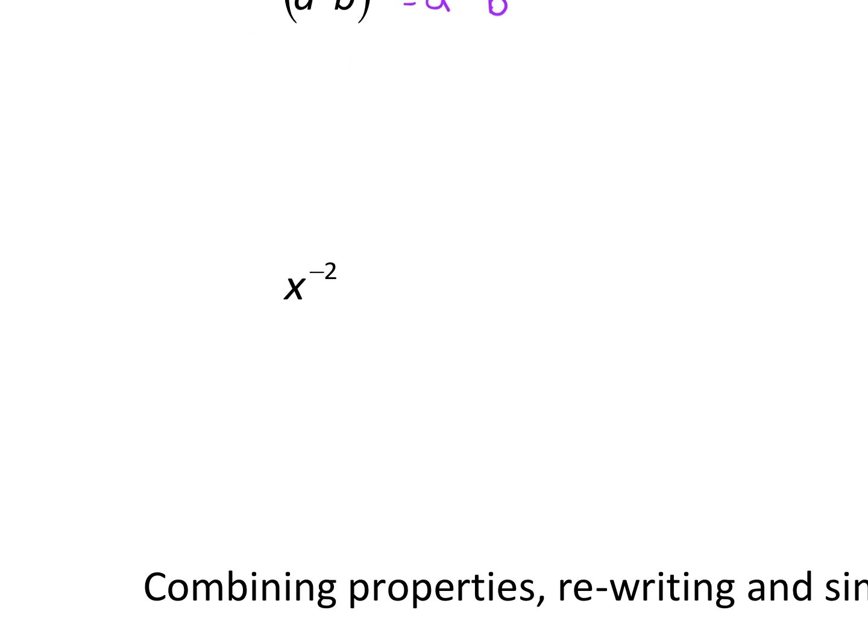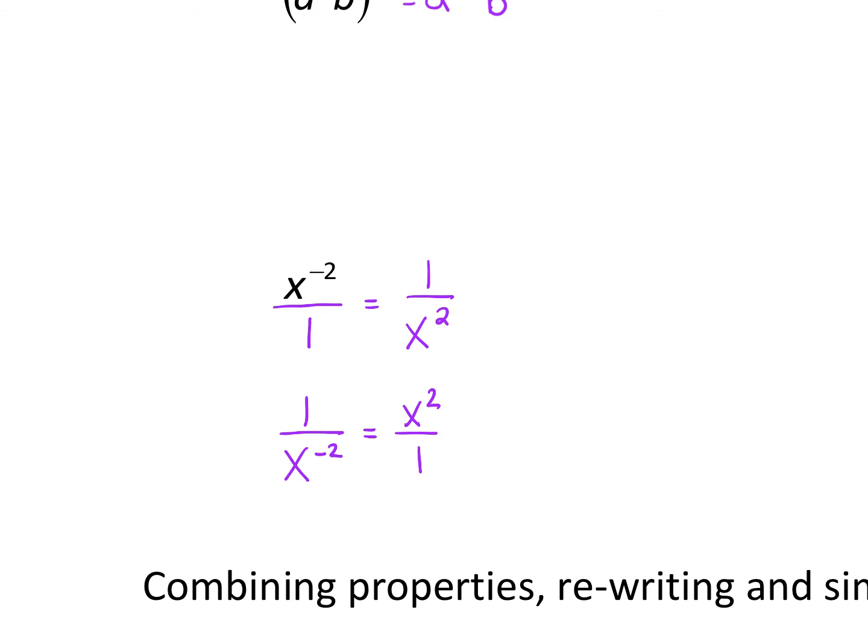When we have a negative exponent, keeping in mind this is technically in the numerator, what I'm going to do is move it to the denominator and make it positive. Similarly, if I had a negative exponent in the denominator, I would move it to the numerator and make it positive.